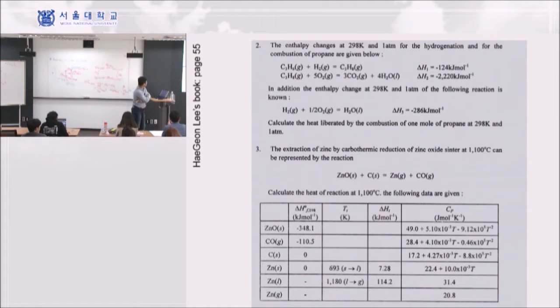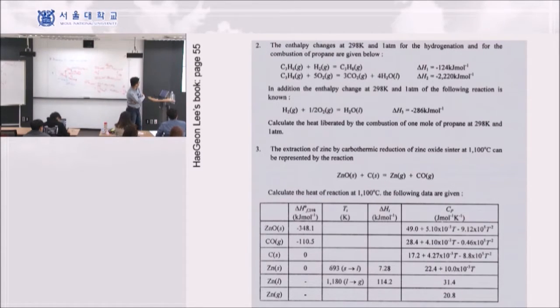So next question. We have the enthalpy change at 298 Kelvin for 1 mole of hydrogenation and for the combustion of the propane given below. So C3H6 gas plus H2 is C3H8, and we have delta H of this chemical reaction.